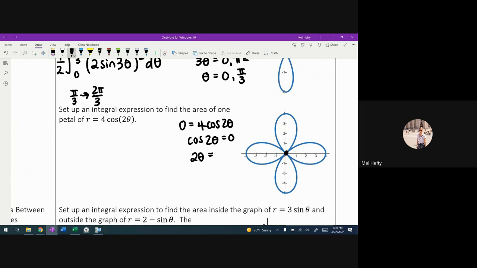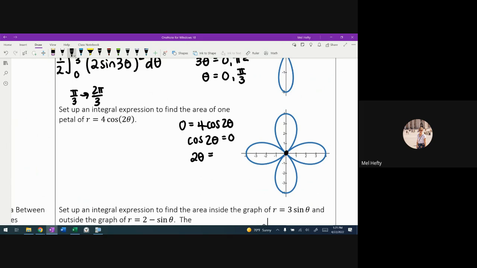Can you divide by 2 and not multiply by 2? Treat cosine equals 0. Pi over 2 is one place where cosine is 0. Where's the other one?